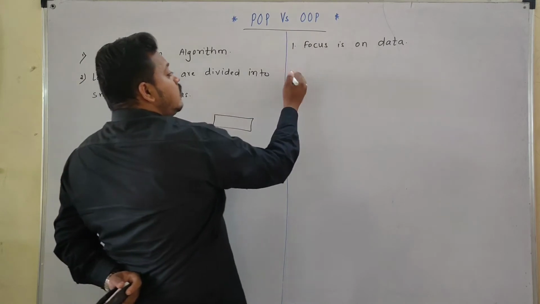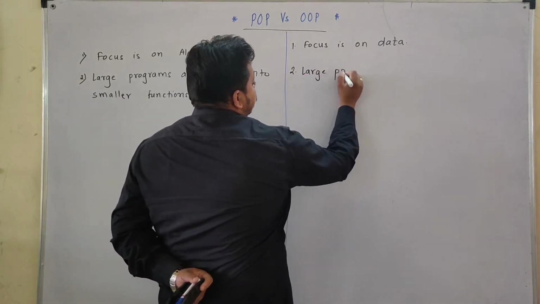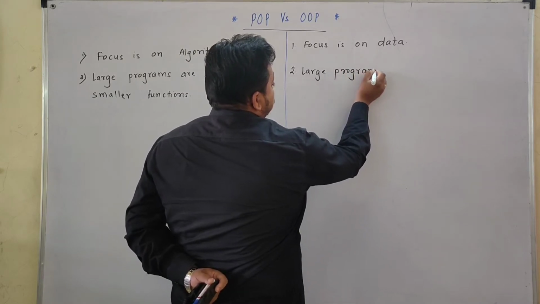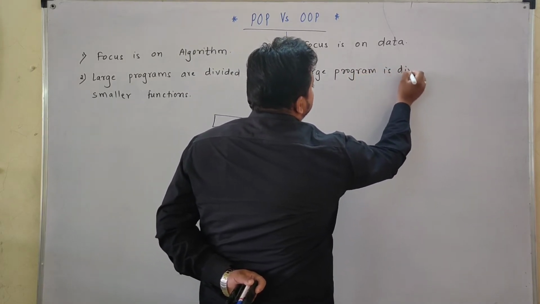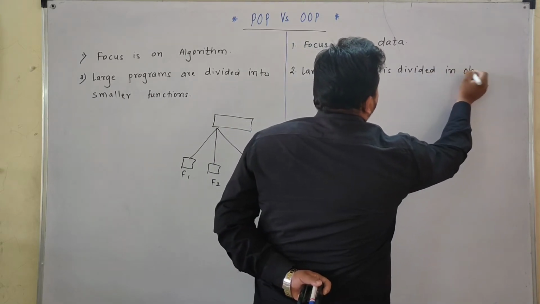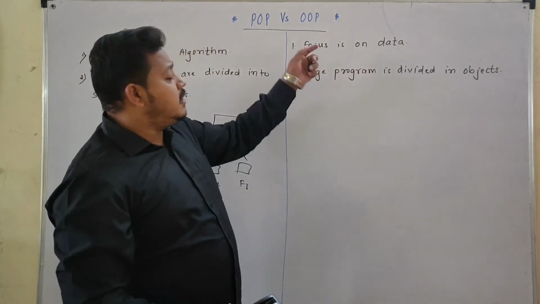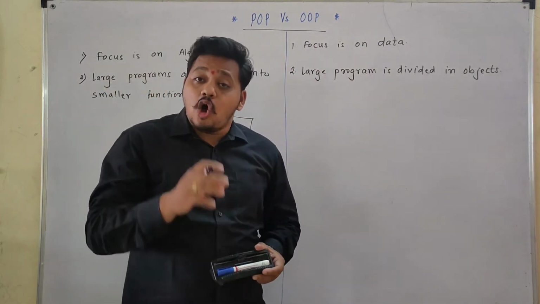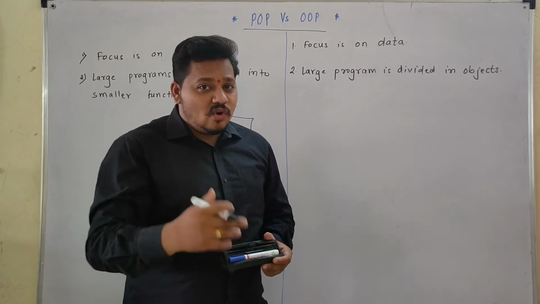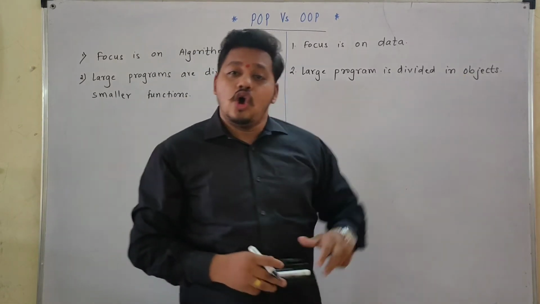But in object oriented programming, the large program is divided into objects. The name itself indicates object oriented programming. So the focus is on data and the large program is divided into objects.